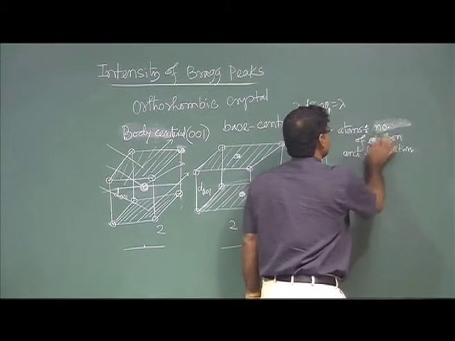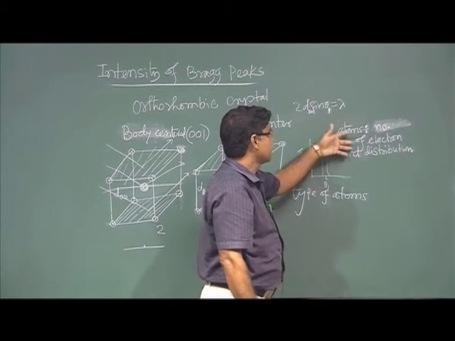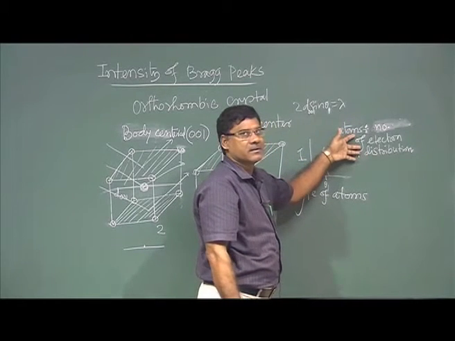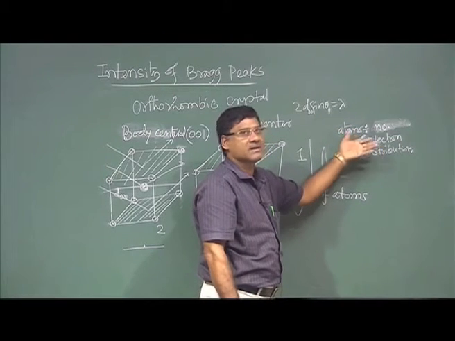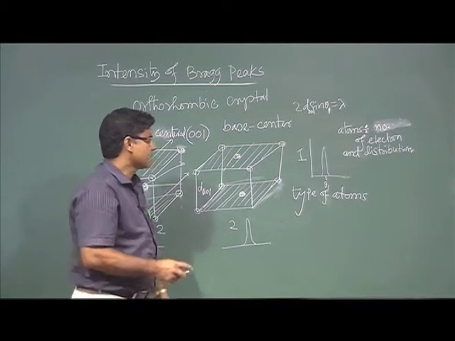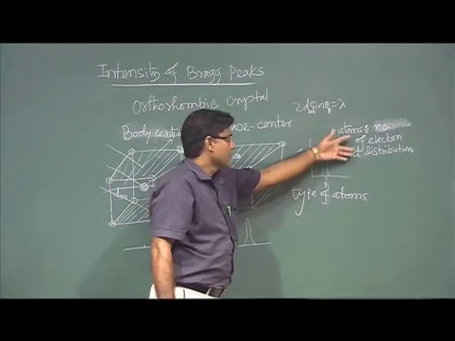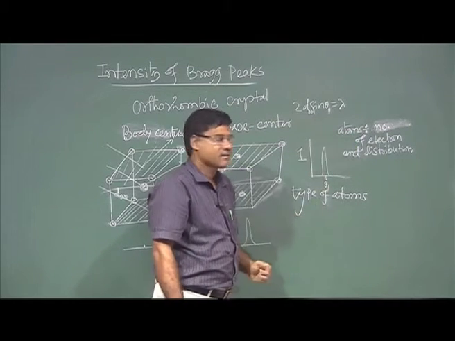Okay. Different types of basis mean the atoms are different. So the number of electrons and distribution of electrons in different atoms are different, so the intensity will vary because of this.